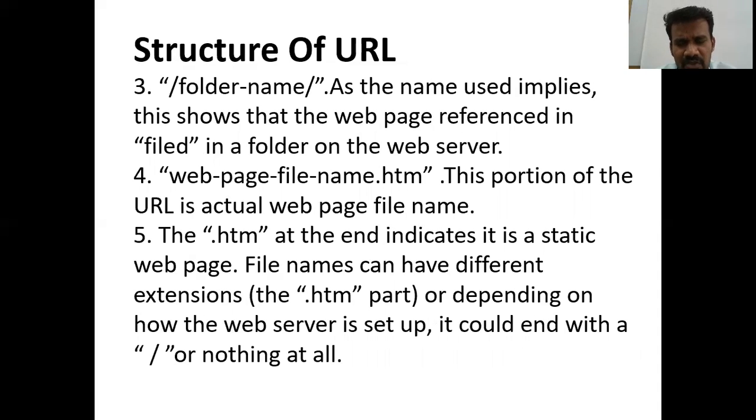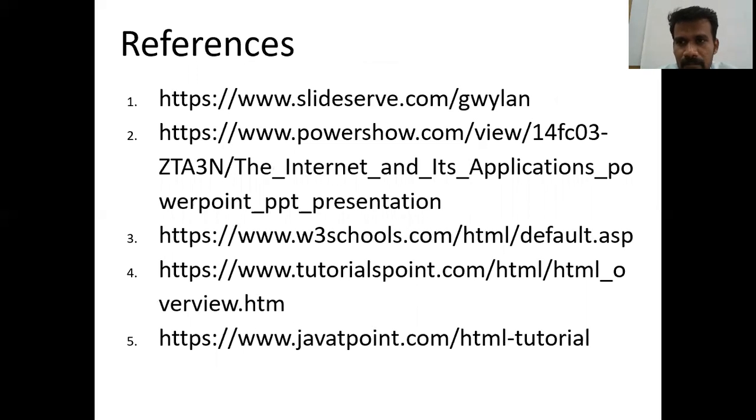The file name can have a different extension, such as .htm, or depending on how the web server is set up, it could end with a slash or nothing. These are the references used to deliver this particular session.